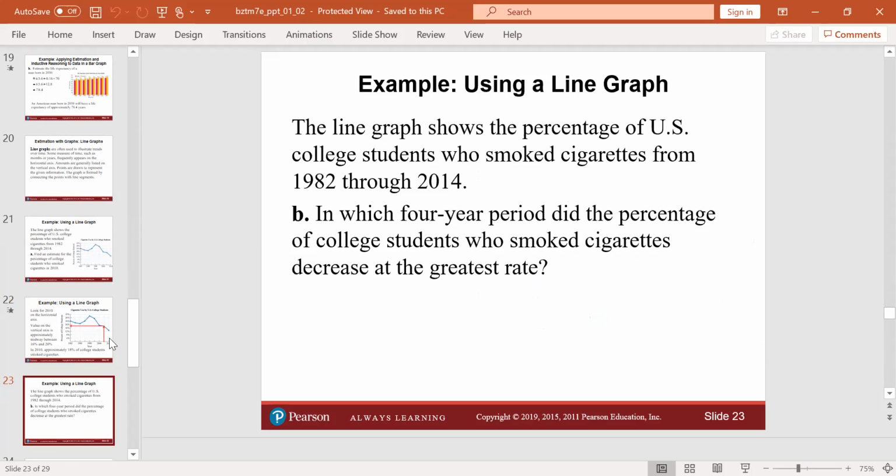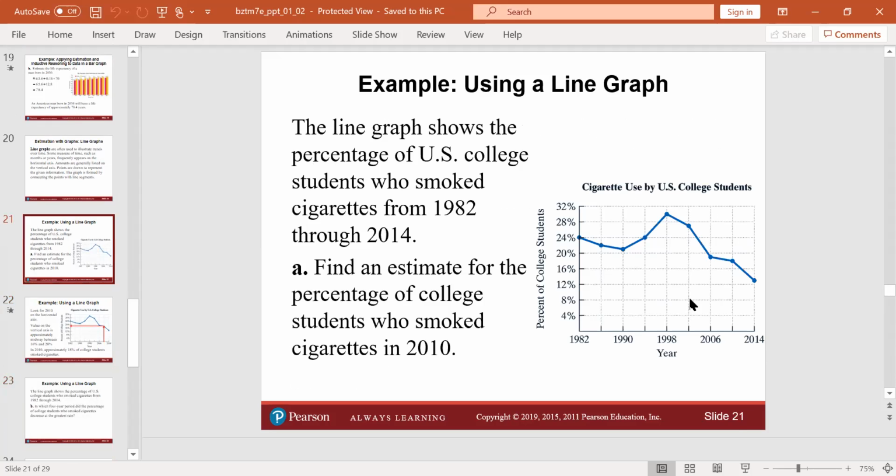In which 4-year period did the percentage of college students who smoked cigarettes decrease at the greatest rate? So what we're looking for is a line that's decreasing and that is the steepest line. And it looks like it's this here. It's decreasing because it's going down, and it's the steepest line. It's decreasing at the greatest rate, or the fastest, in other words.